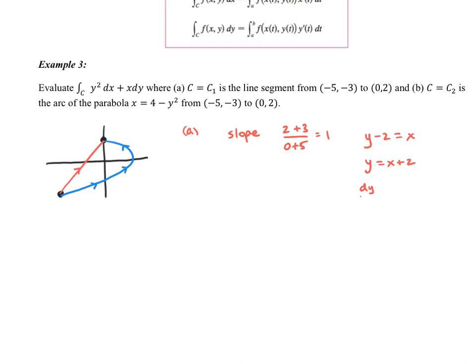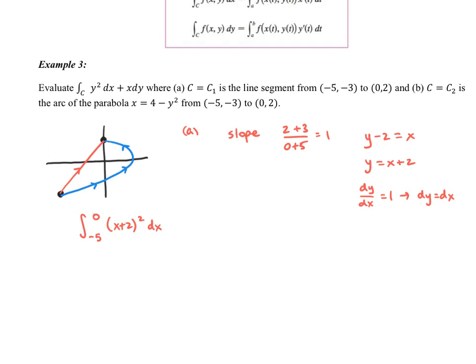We have dy/dx equal to 1, which means that dy is equal to dx, and we can basically go back up to this equation and do a full substitution so that everything is in terms of x. So if we do that, our limits will be from -5 to 0, and y squared is now going to be (x plus 2) squared. dx we don't have to change at all.